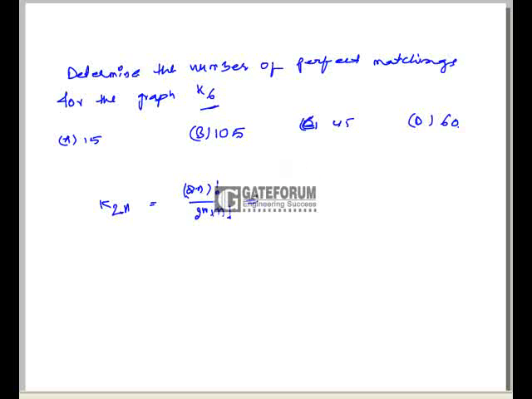If we substitute the values in this formula, 6! by 2 power 3 into 3!, and simplify, we would be getting 15, which is option A. Here we have to remember this formula: number of perfect matchings of K2n is equal to (2n)! by 2 power n into n!.